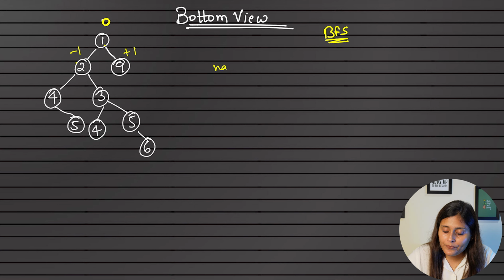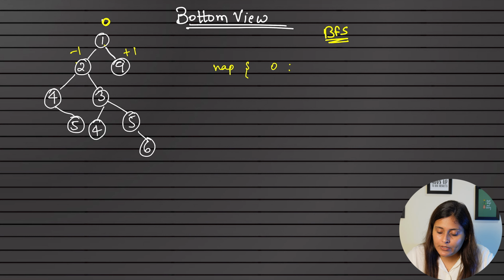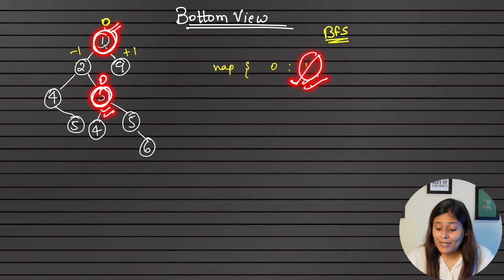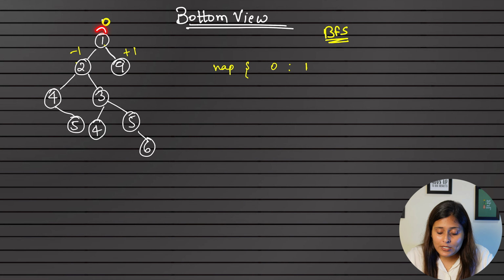So what we will do now, in the map for 0, if it is not there, definitely we will add it. What we did previously: if 0 is not there, whatever is the first element will be our top view. If at 0 we encounter any other value, we will not update, because that will not be the top view. But as this is the bottom view, if for 0 you find another one, you update it.